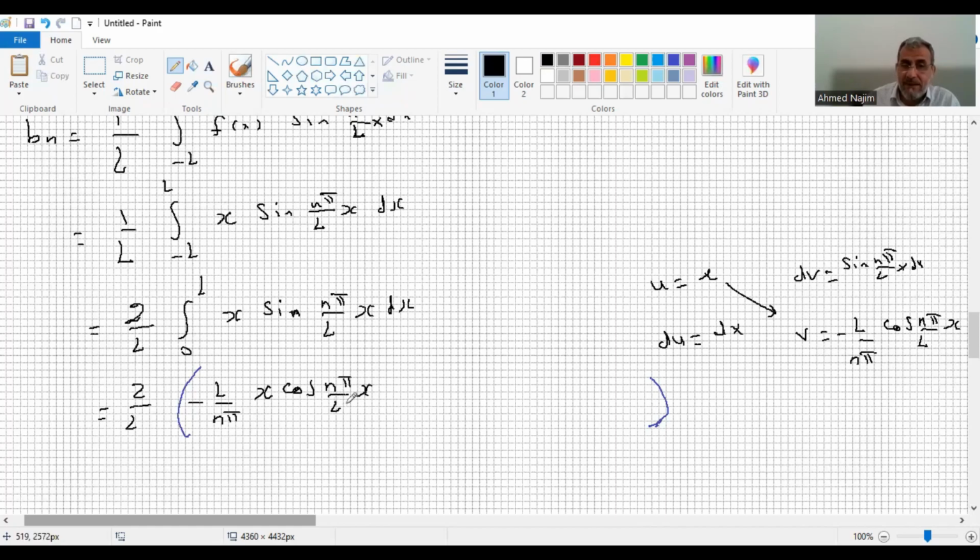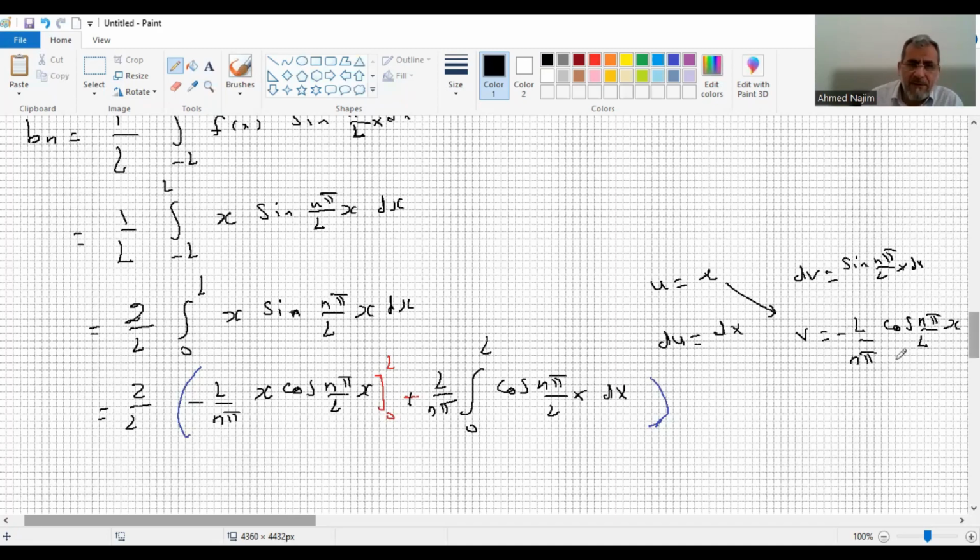This is from 0 to L. Then minus the integral of v du. But this one, negative L over n pi, the constant will be outside. So this will be plus, because you have a negative here. So this will be L over n pi, from 0 to L, integral of cosine n pi over L x dx.